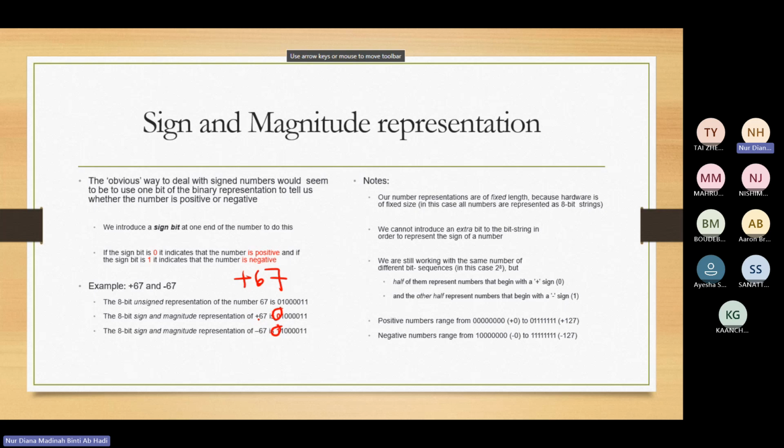We cannot introduce an extra bit to the bit string in order to represent the sign of your numbers. So positive numbers range from 0000 until 0111. These are the positive values. If we have 1 in front of your binary numbers, it is equivalent to negative values.